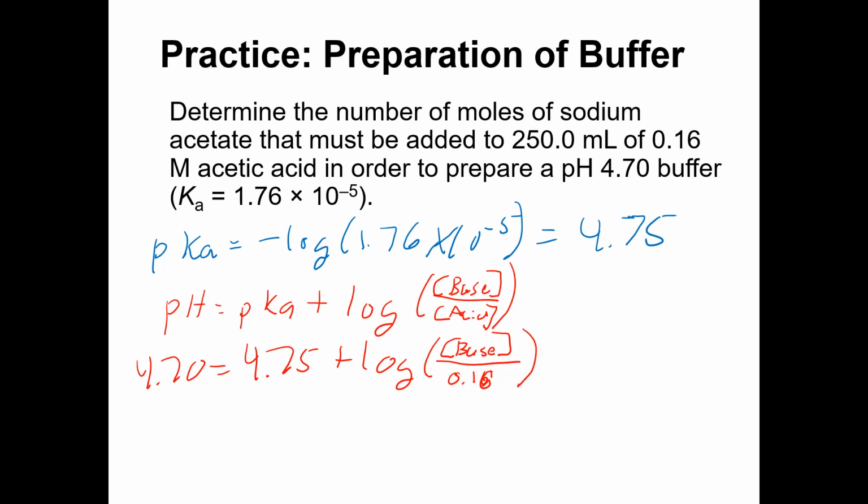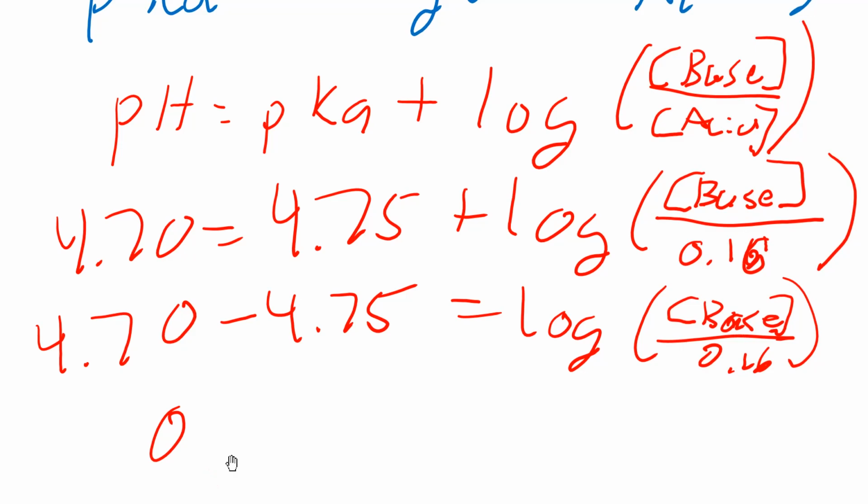So then if we want to get the base by itself, let's first move 4.75 over to the other side. We have 4.70 minus 4.75 is equal to the log of base over 0.16.